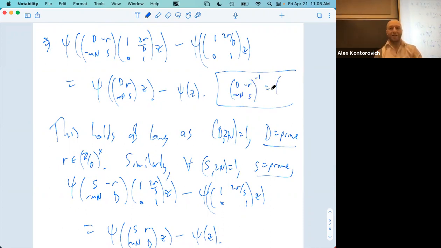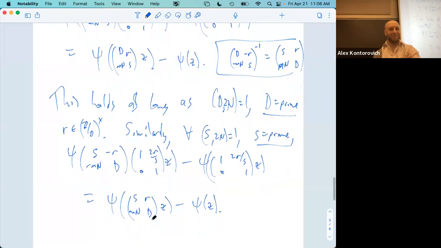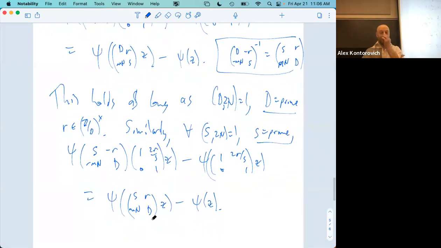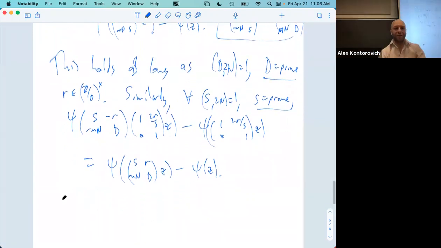The inverse is I flip the diagonal entries, S D, I negate the off-diagonal entries, R, M, N, which is exactly what I see here. So I want to make a change of variables. And the change of variables I want, or just replace, it isn't even a change of variables. This is true for all Z.